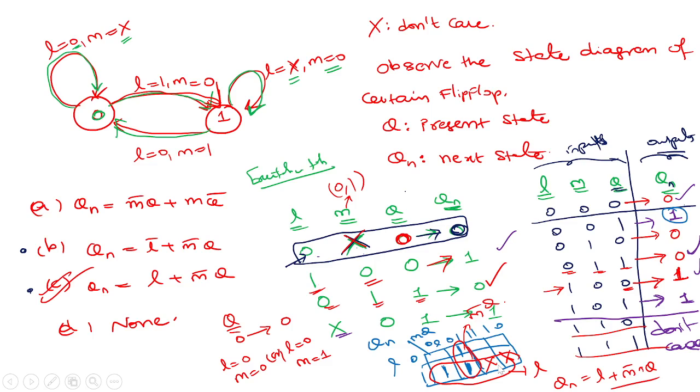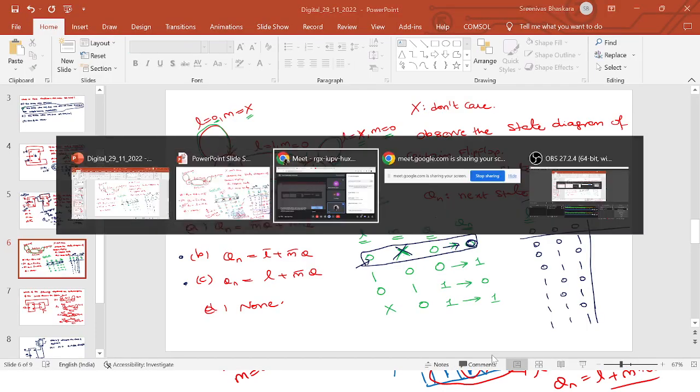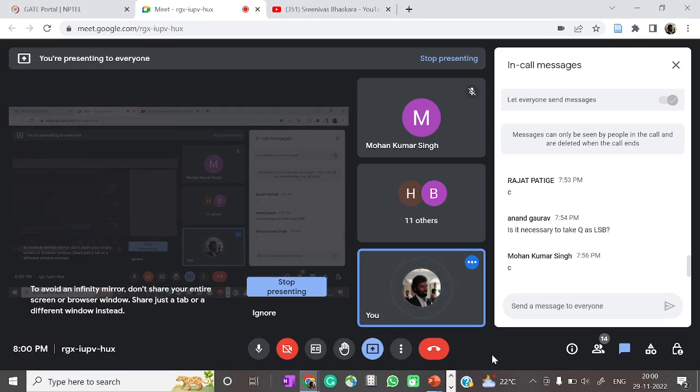There is no requirement that Q has to be LSB or MSB. You can put Q in the middle also, but accordingly the Karnaugh map will change. Eventually, you're going to get the same Karnaugh map, and the final answer is going to be the same.